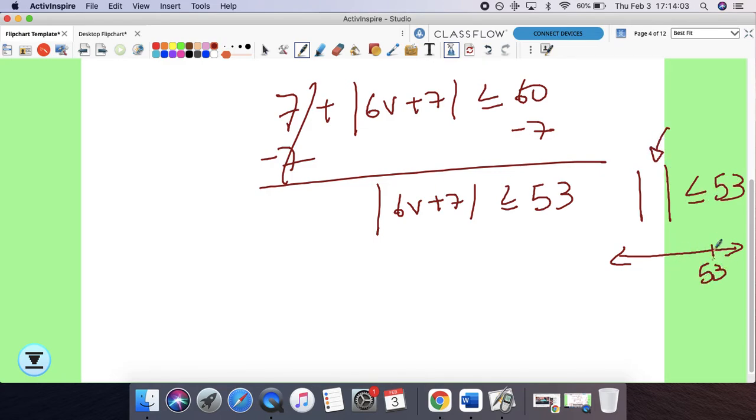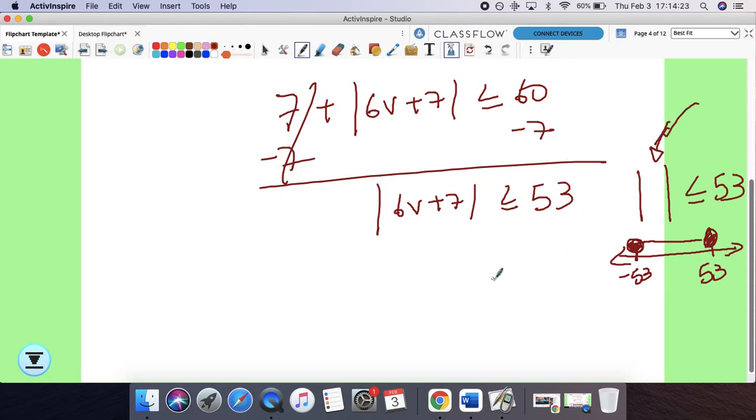So 53 works, right? Because the absolute value of 53 is 53. 54 doesn't work, so we don't want numbers that way. So 53, 52, all these numbers work, and you can tell that we're going to go all the way to and including negative 53. All the numbers between negative 53 and 53 included. If you plug it in here, it works.